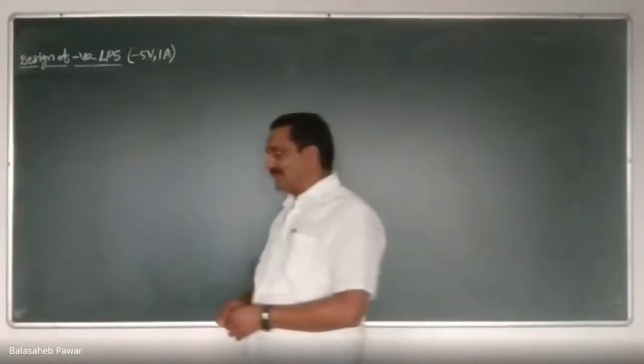Op-amp, yes, very nice. Whenever you use an op-amp, it requires a dual power supply, that is positive as well as negative. That's why there is a need to design such a negative LPS, linear power supply.